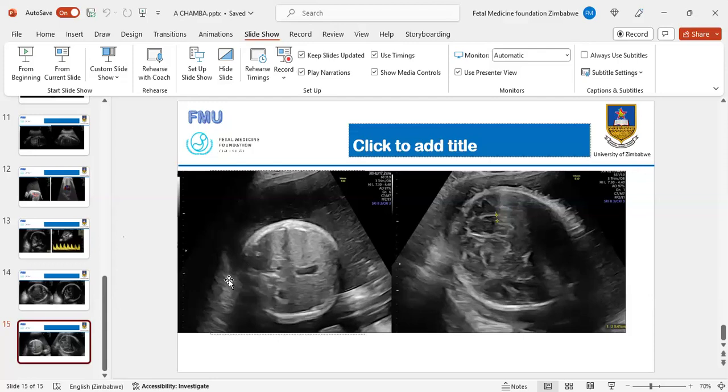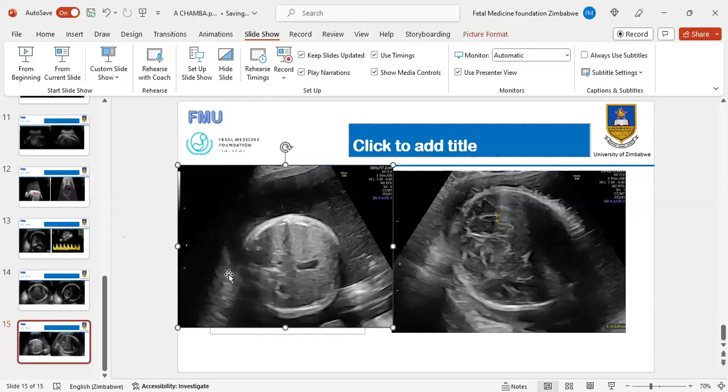So that's basically about the case presentation that we had. Like I said earlier, this case presentation is going to be more of a discussion: when you come across such cases, how best can they be managed, especially if we happen to come across them in the fetal medicine unit?